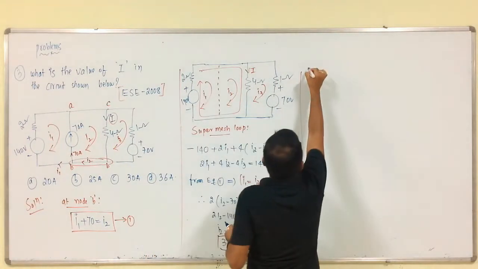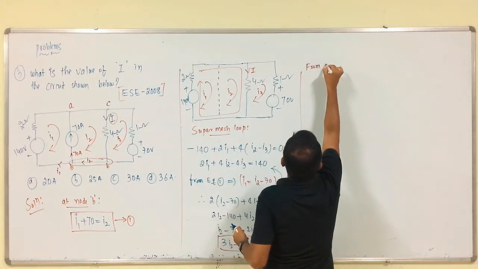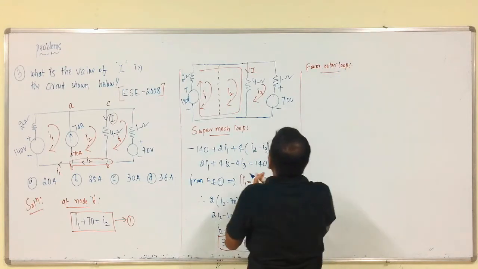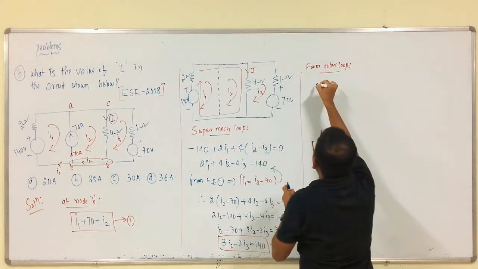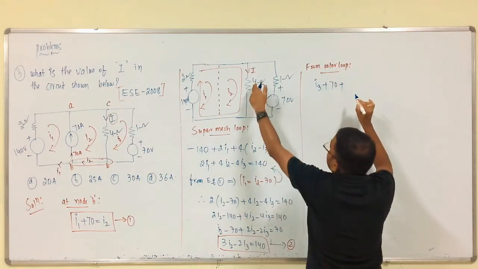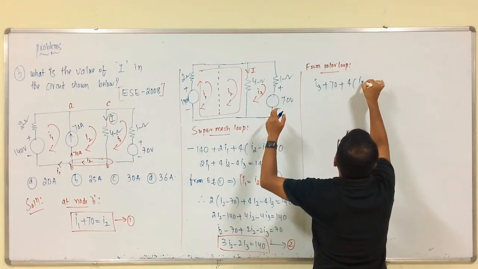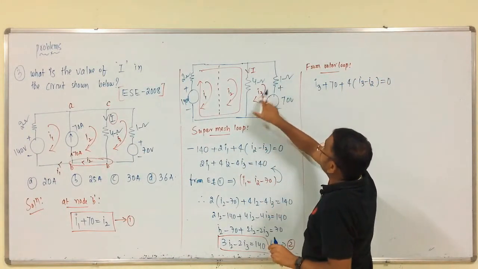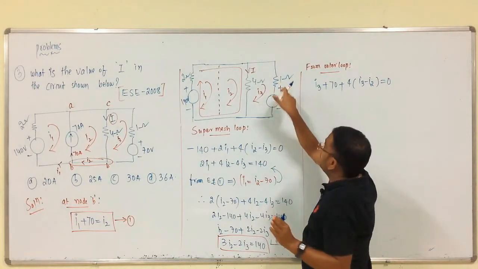Next, from the outer loop, 1 into I3 plus 70 plus 4 into I3 minus I2 is equal to 0. The current through this branch is nothing but I3 plus 70.